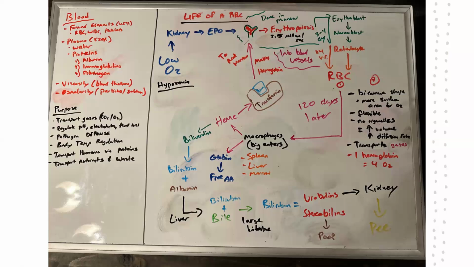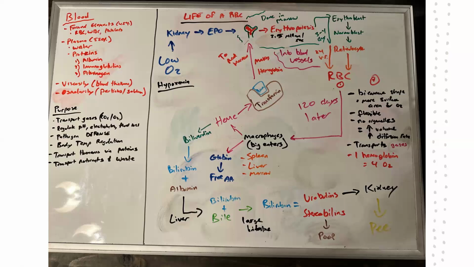Now, after 120 days, if you can imagine, that red blood cell is getting pulled. It's going into smaller blood vessels and squeezing through, then squeezing out into our main arteries and veins. You might have damage in between now and then, even if you don't have a big blood loss, any bruising, just general wear and tear of your body can cause red blood cells to start having their own wear and tear.